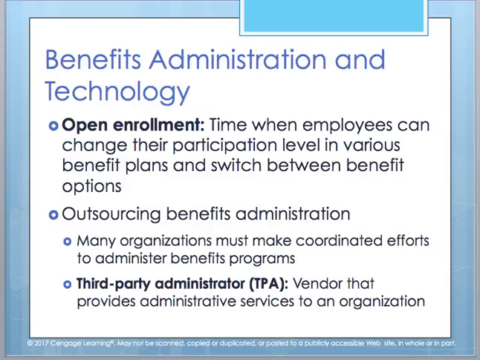When we look at how we bring technology into the administration of benefits, there is a process called open enrollment. And this is the allotted time when you can change your participation level in various benefit plans and switch between the different options that are provided. Companies are finding ways to outsource administration of benefits, and you can use a third-party administrator, TPA, which is a vendor that provides these services to you, where you don't have to try to handle this internally.